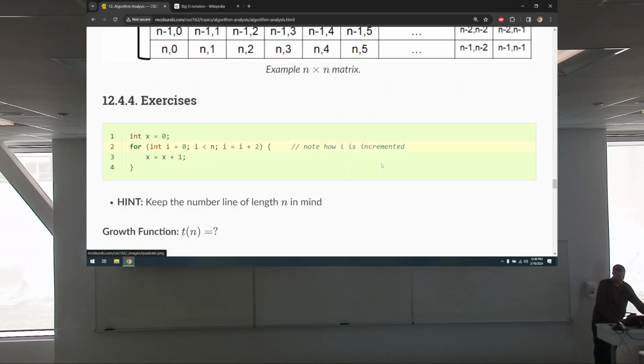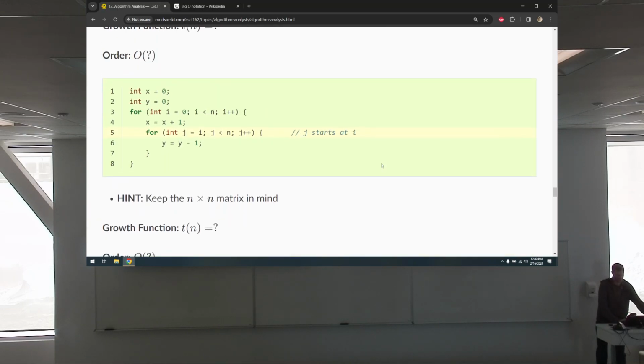So now this one I'm going to give you a few seconds to think about. Pay special attention to the code and tell me how much work this is actually doing. And don't even worry about T of n now. Just try to go straight to what the big O is.